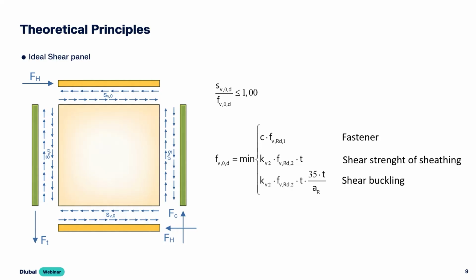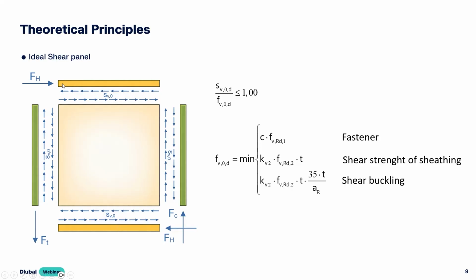The last slide in this theoretical part is about shear panels, or about this ideal shear panel. This is the basis of the Eurocode design. Of course, when we apply lateral loads here, because of the equilibrium, we need to fulfill the same force on the bottom side. Of course, we need to bring this lateral force down to our foundation, and this works via shear flow.